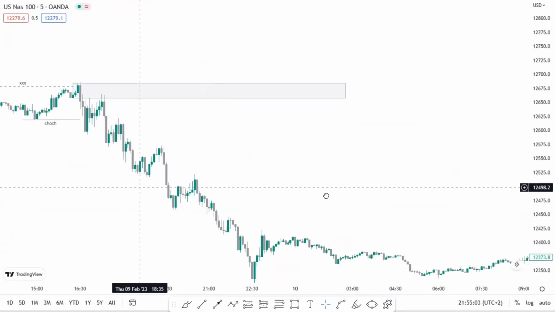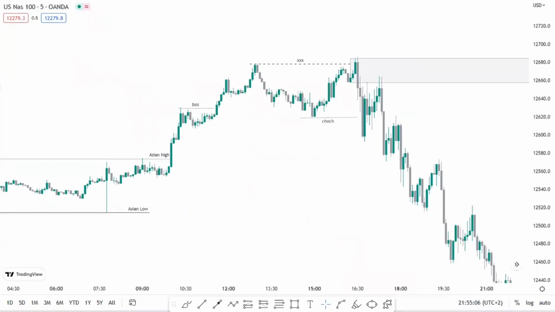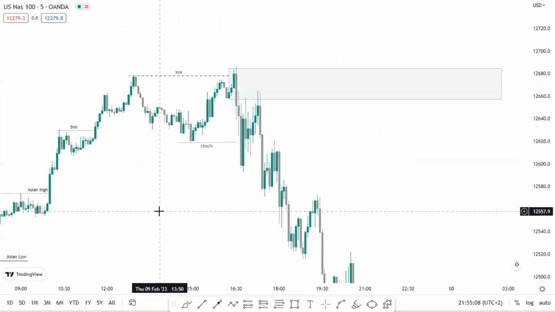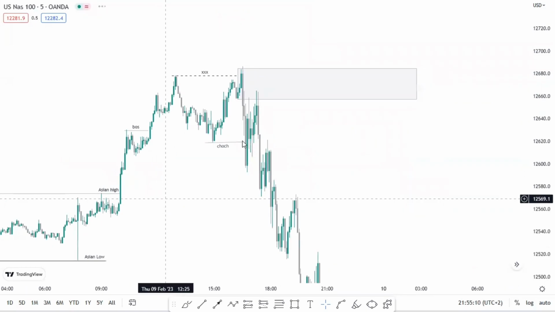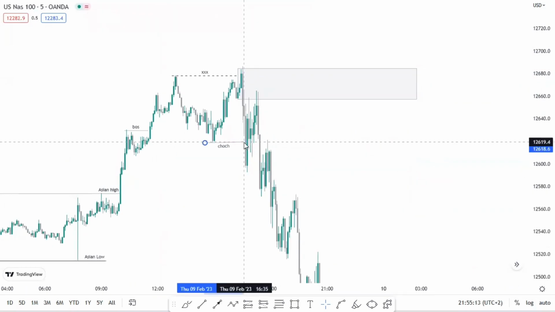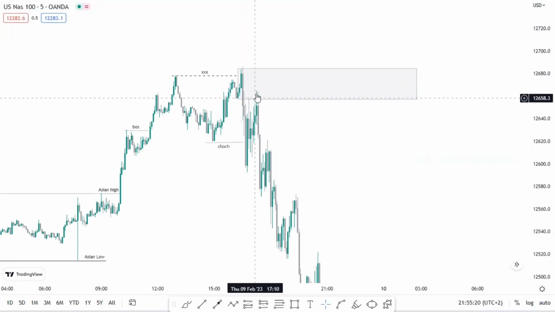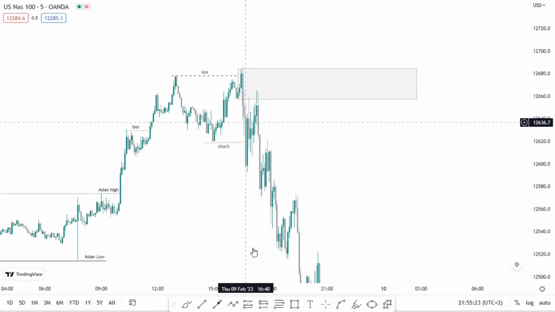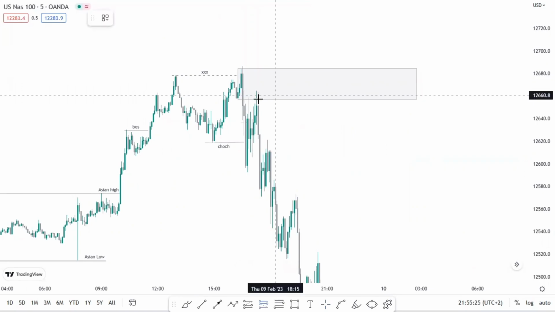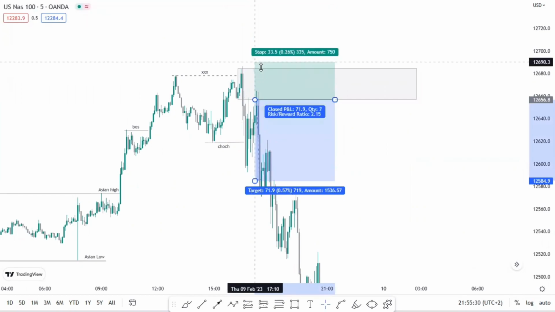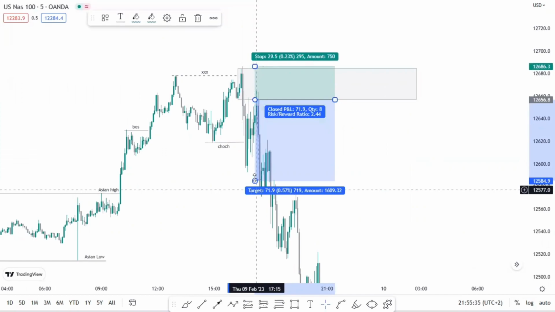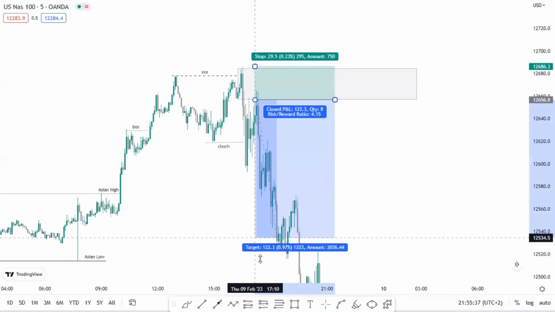There we go. Just after our change of character, there's our order block. We get a tap into our order block right there. As soon as we get our tap into our order block, we enter ourselves, put stop loss just above the order block, and then we aim to take profit here by the Asian low.